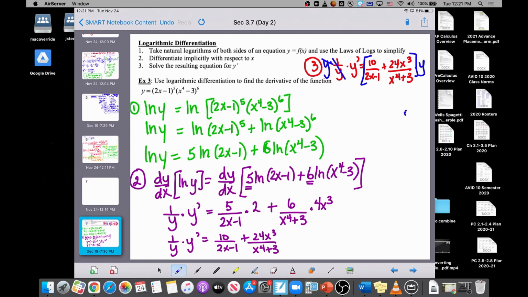So my y prime is going to be equal to 10 over 2x minus 1 plus 24x cubed over x to the 4th plus 3, that times the value of y, which was 2x minus 1 to the 5th times x to the 4th minus 3 to the 6th.